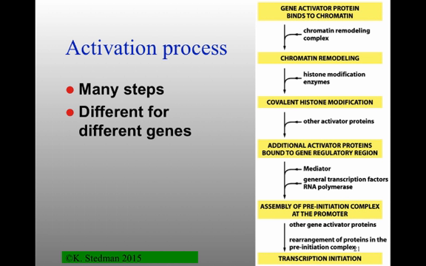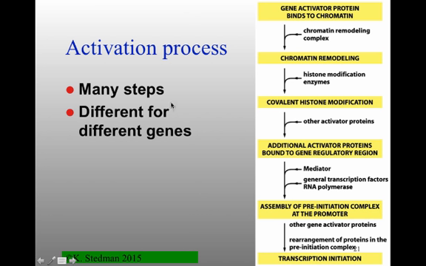So let's look at this overall activation process. This is a cartoon of what could happen in one particular case, and it turns out this is slightly different for all kinds of different genes. One gene may have one of these steps, another gene may have a different set of these steps, but if you had all of these together, this is going to be the vast majority of the kinds of gene regulation that you have.